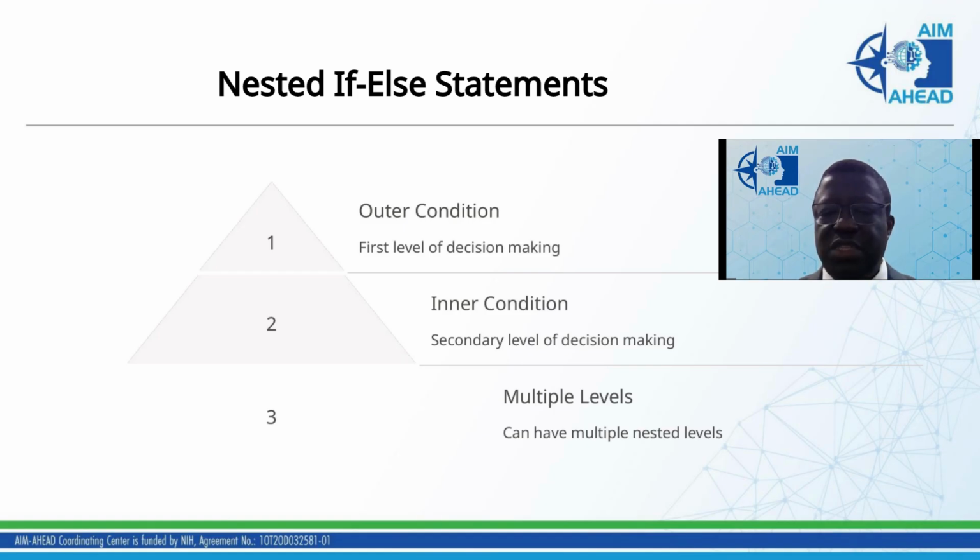Avoid excessive nesting to keep the code understandable and maintainable. Document your logic to support future revisions and ease of understanding for other developers. In summary, nested if-else statements are essential for building sophisticated decision-making processes in programming.